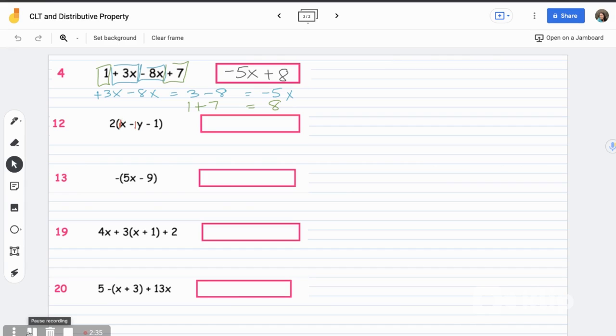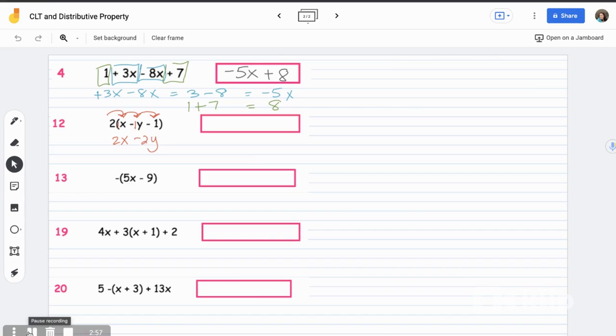Now I'm going to take the 2, and I'm going to multiply it by the terms inside the parentheses. So 2 times 1x is going to give us 2x. 2 times a negative 1y is going to give us negative 2y.